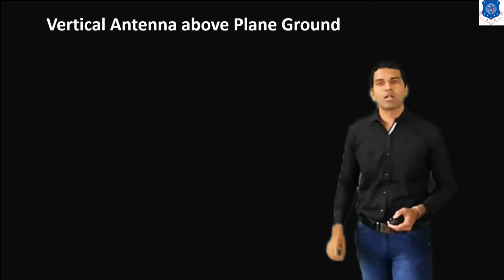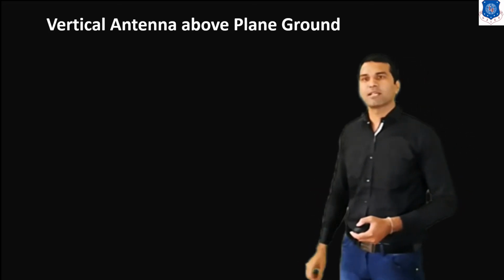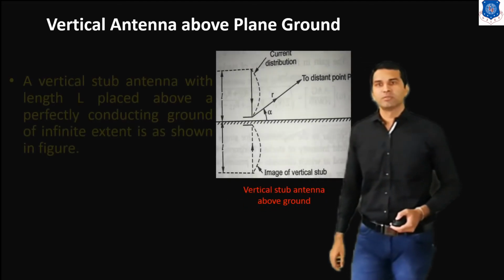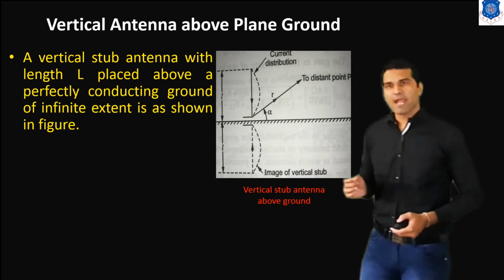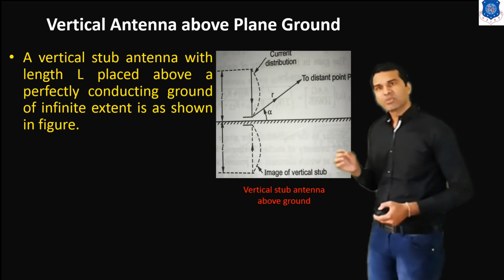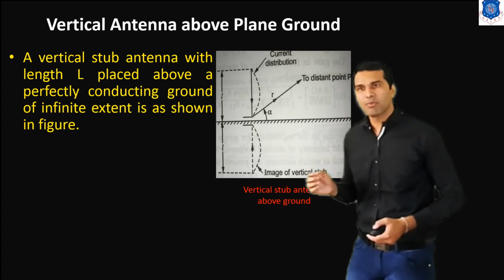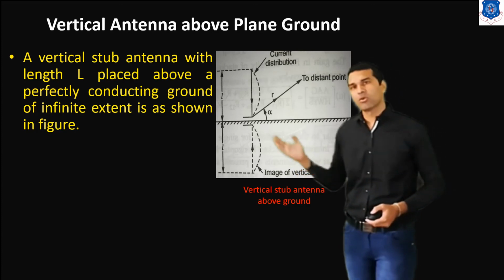Now we discuss the last type of antenna of this lecture, the vertical antenna above plane ground. A vertical stub antenna with a length L placed above a perfectly conducting ground of infinite extent is shown in this figure.